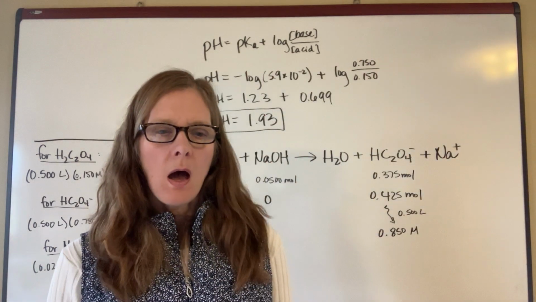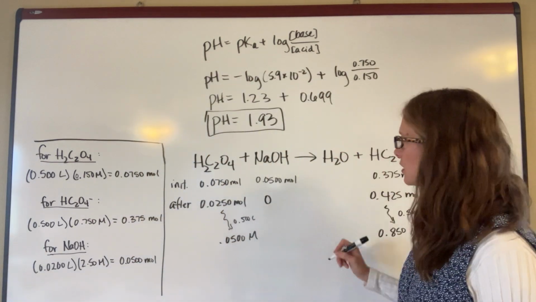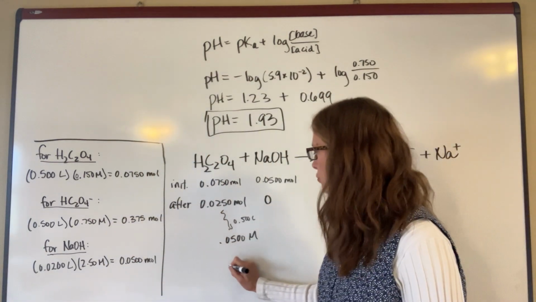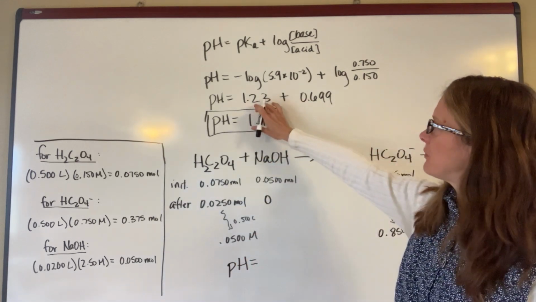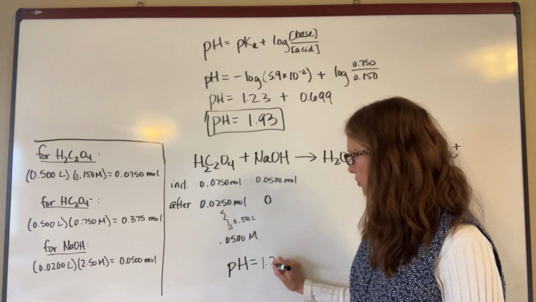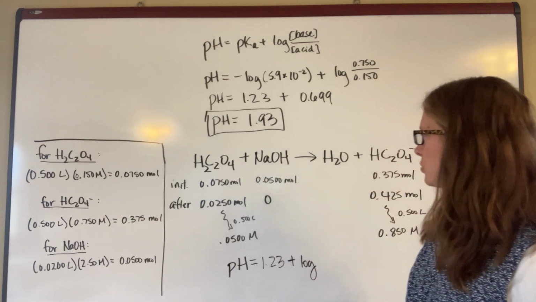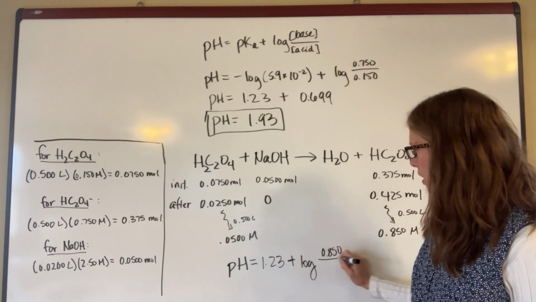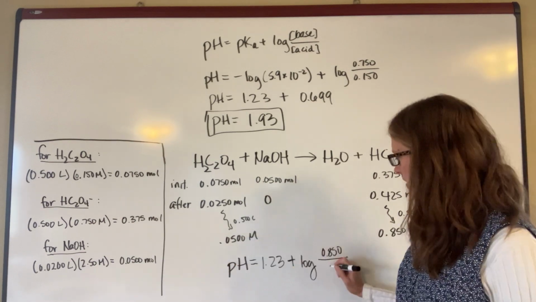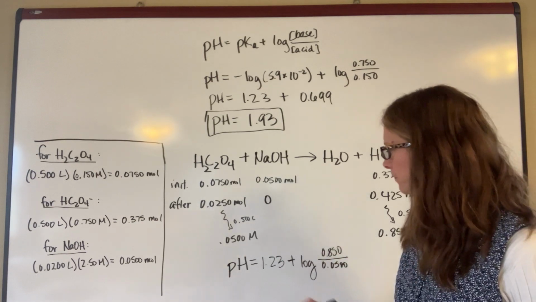Okay. All right. Now that I have those concentrations, now I can go back and I can find the new pH. So the pH, I found the pKa from before, which was 1.23. So I'll just bring that down, plus the log of the concentration of the base, which is 0.850, over the concentration of the acid, which is 0.0500.